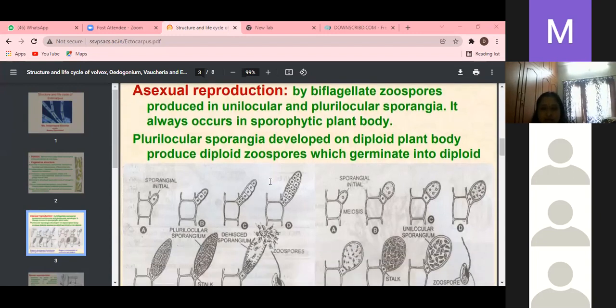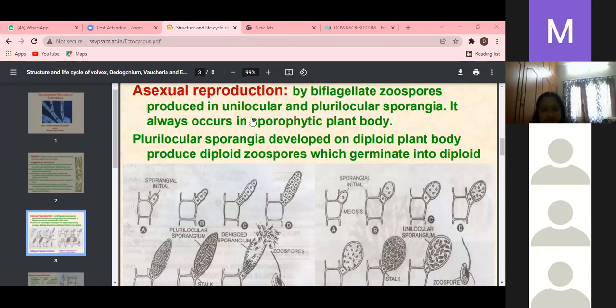Here, asexual reproduction takes place by means of biflagellate zoospores. Tell me, what is the asexual reproduction by? Biflagellate zoospores. The asexual reproduction takes place by means of biflagellate zoospores, which are produced in two kinds of sporangia. How many types of sporangia are produced?